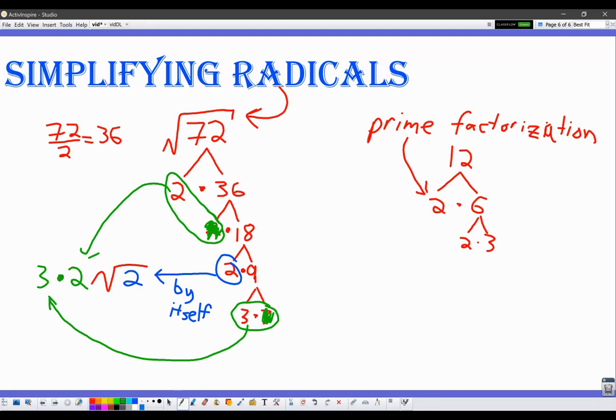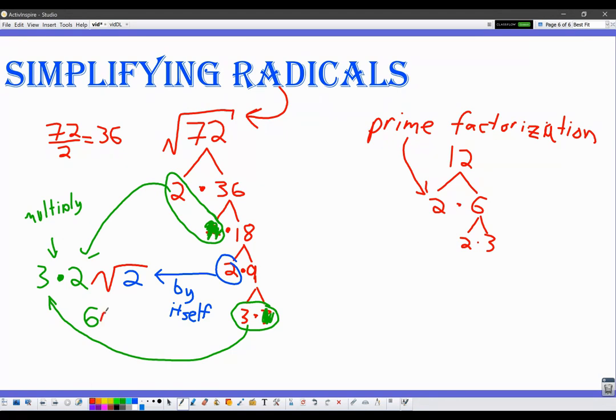So any additional numbers that end up being either in the front or on the inside get multiplied. So here I'm going to multiply. So 3 times 2 gives me 6. And I'm going to write that in here.